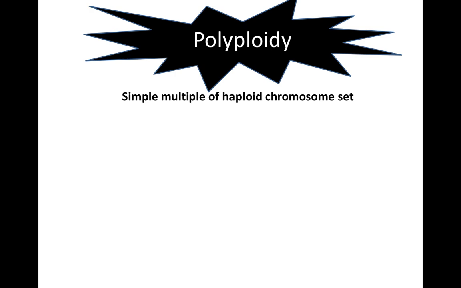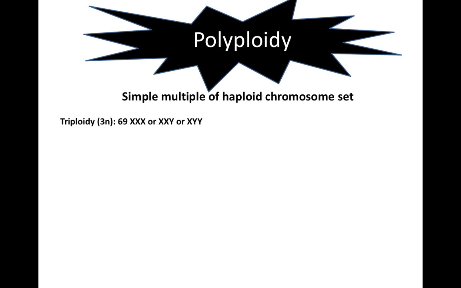Poly means many, and ploidy is the chromosomal set, which is represented by the N. The only normal polyploidy is the 2n, which, as I just mentioned, is the 46 chromosomes in the somatic cell. But if we have a 3n, this is called triploidy, and the total number of chromosomes here will be 69.